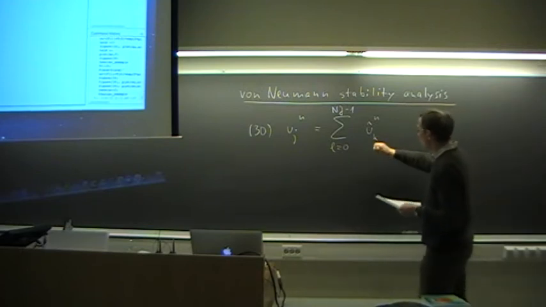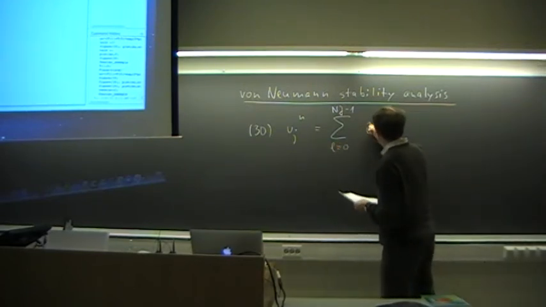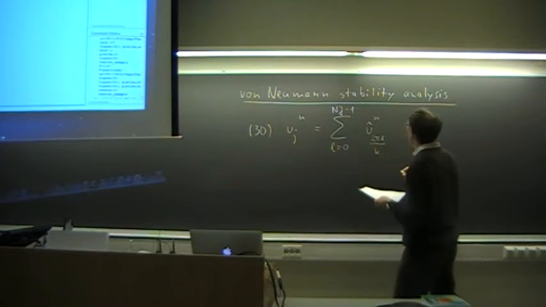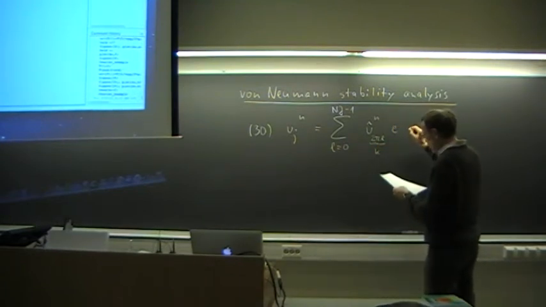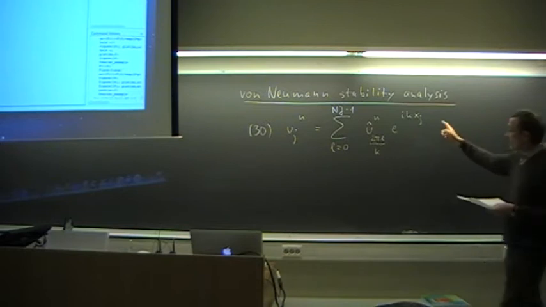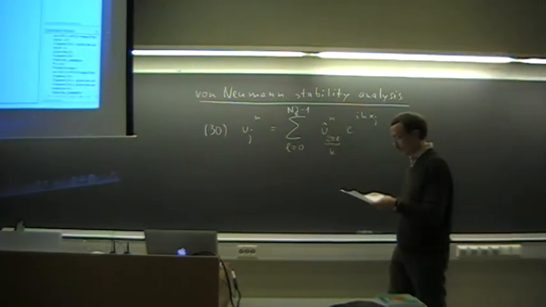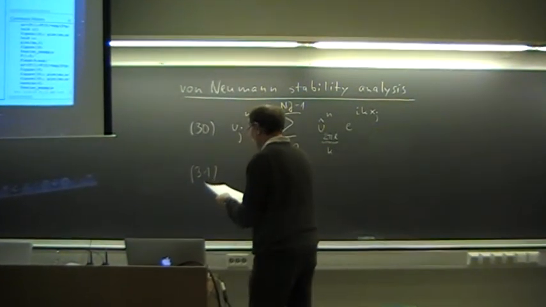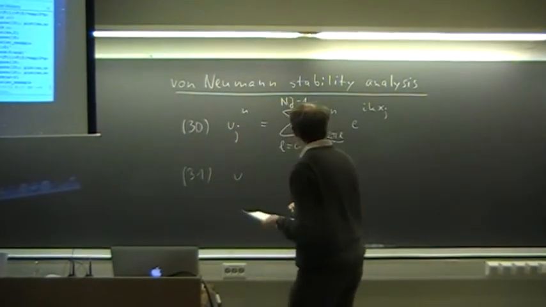Let's say the k is then 2 pi l over L, if we write it in this form. So this is the k. And then we have e to the i k xj. And we said that is a Fourier mode.